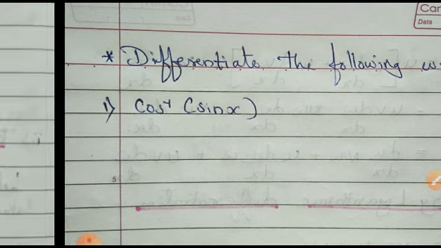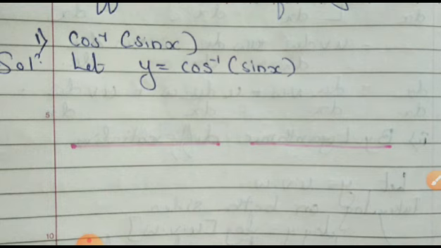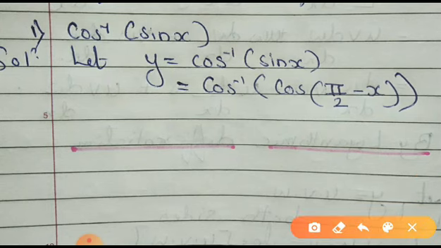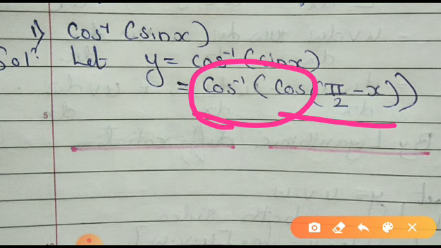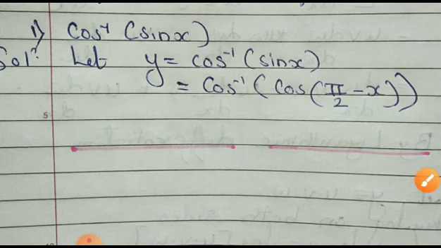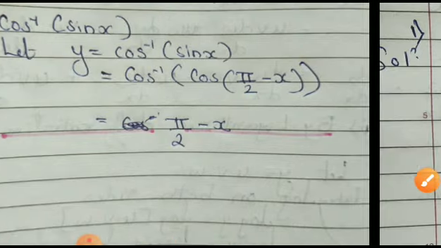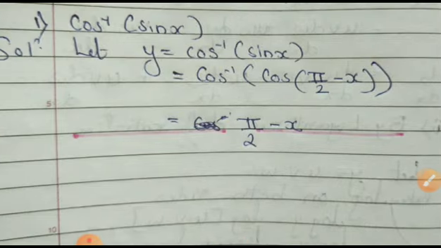First take your y as cos inverse of sin x. Since these two are complementary, I can write it as cos inverse of cos of pi by 2 minus x. Now cos inverse and cos get cancelled, and hence I can write it as just pi by 2 minus x.